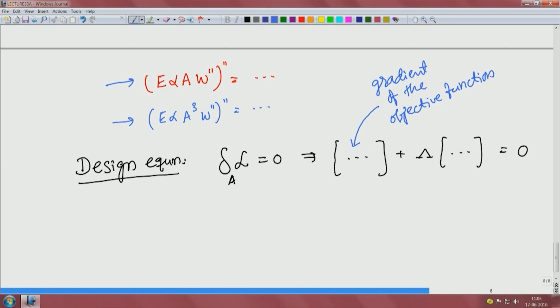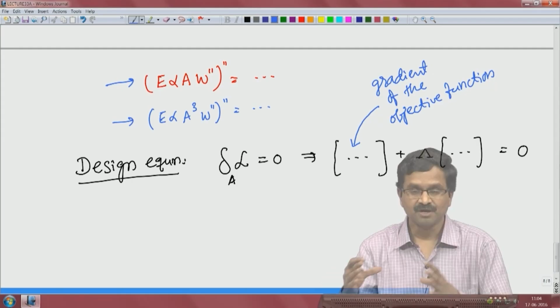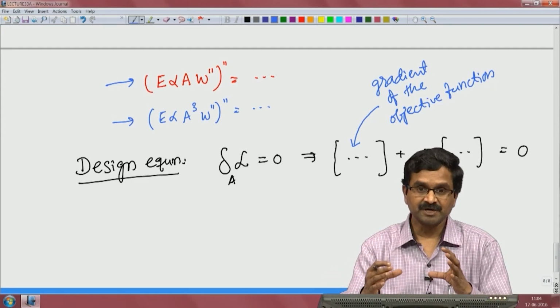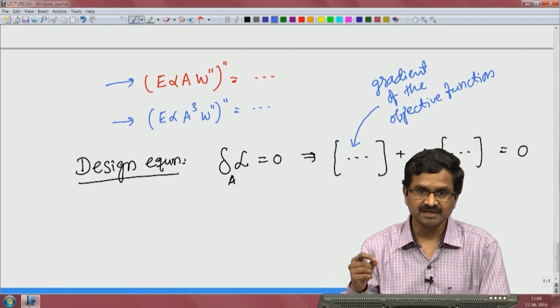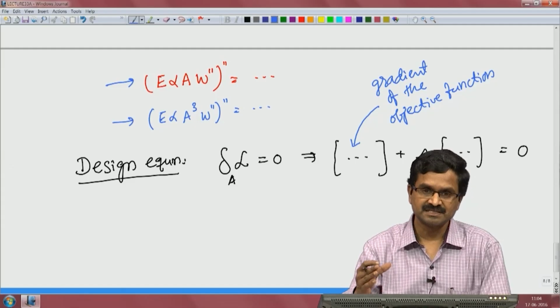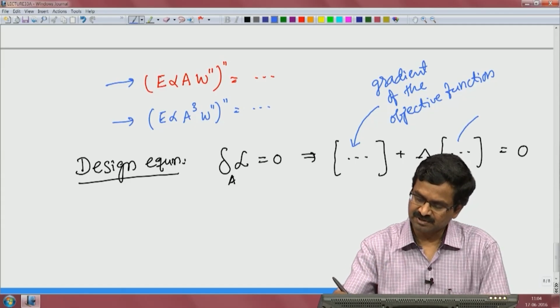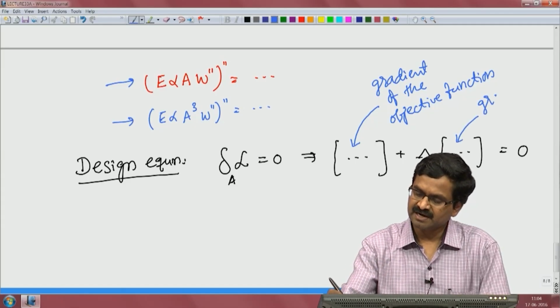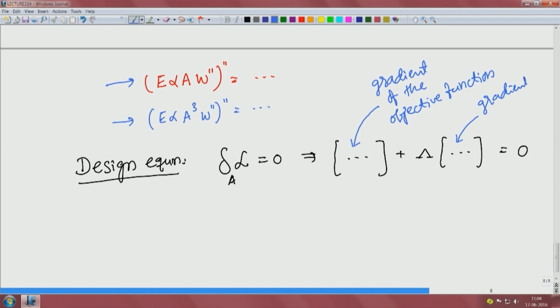Okay. That means that if I take the objective function and take its derivative with respect to a, in the sense of calculus of variations, whatever you get will be the expression for every value of x. If you evaluate, that will give you precisely the gradient, and this particular thing is going to be the gradient of the constraint.